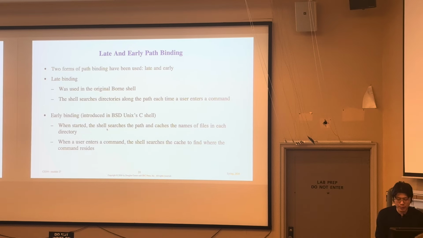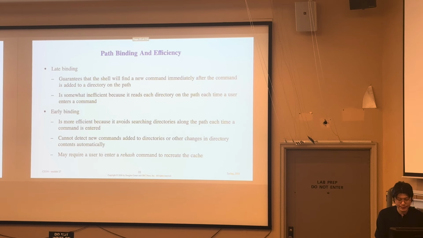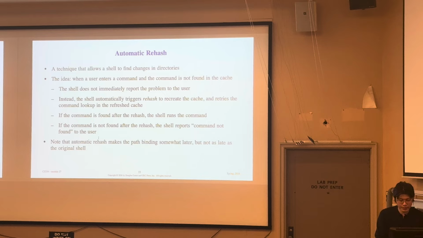Then when the user enters a command, the shell directly searches the cache to find whether there's a command that matches the file name. Late binding and early binding have their own efficiency. I think right now it's usually early binding. Rehash. We won't cover these details.